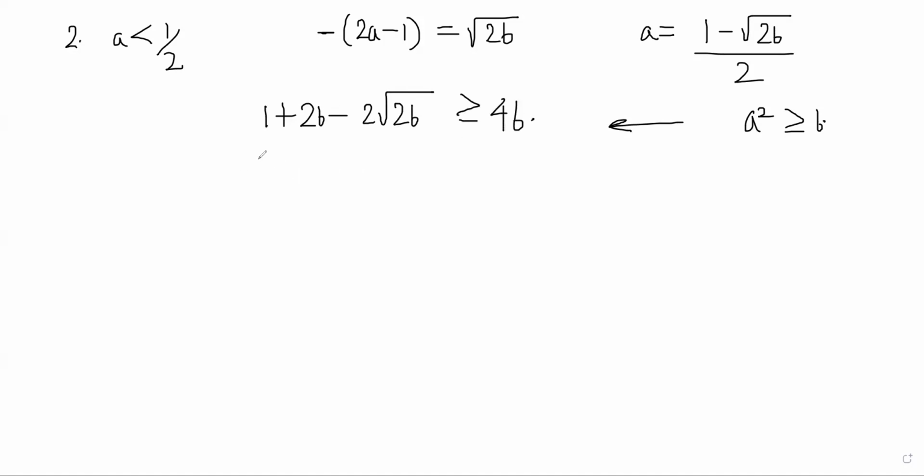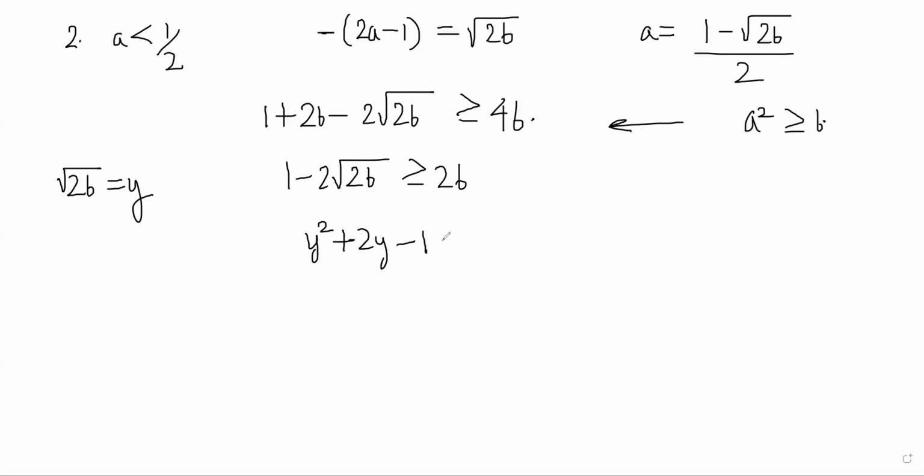Or basically 1 minus 2 times root of 2b is greater than or equal to 2b. If you take root 2b as y, this boils down to y square plus 2y minus 1 less than or equal to 0. You can check the calculations.